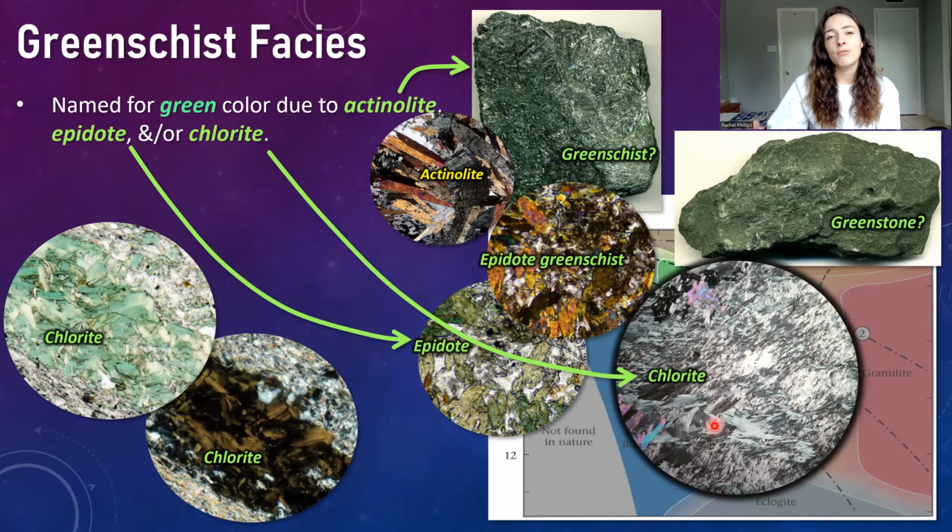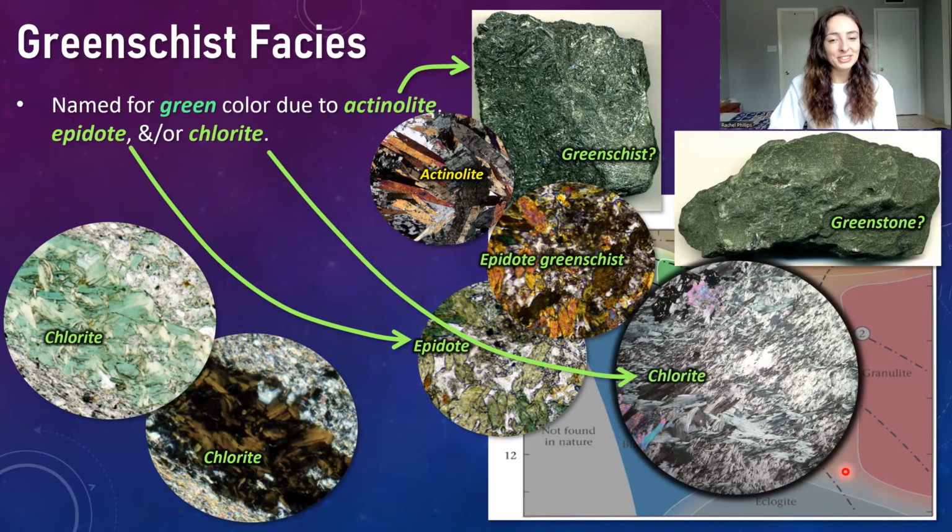So from what I found online, and I'll put all the resources down in the description below, although some of these, like this one over here, is my own picture that I took when I was taking this class. But from what I found, it seems like chlorite can vary in its appearance under thin section. And that's unfortunately the trend for a lot of minerals.